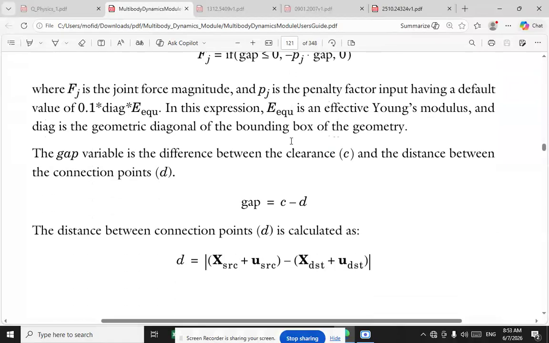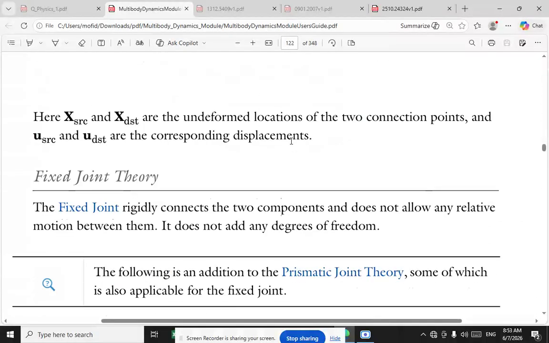The gap variable is the difference between the clearance and the distance between the connection points, d. The distance between the connection points d is calculated as follows. Here, X_source and X_destination are the undeformed locations of the two connection points, and u_source and u_destination are the corresponding displacements.